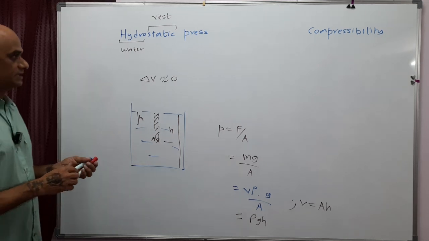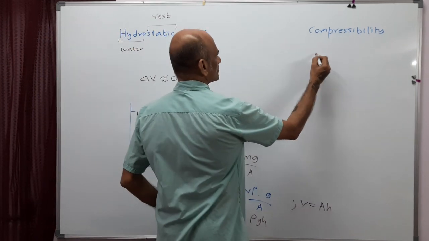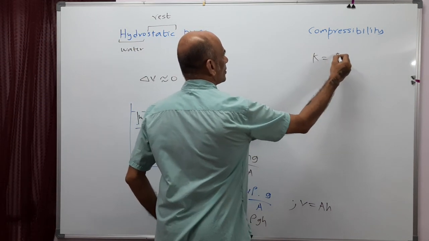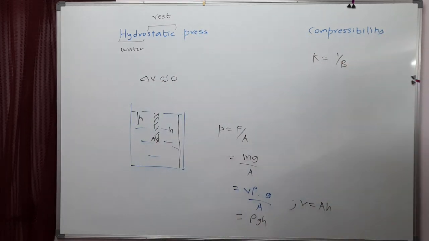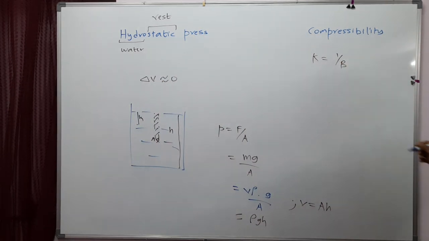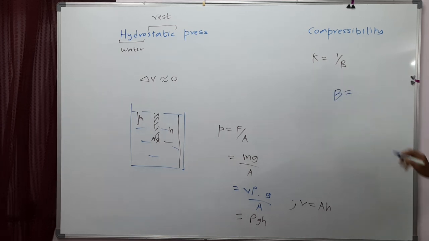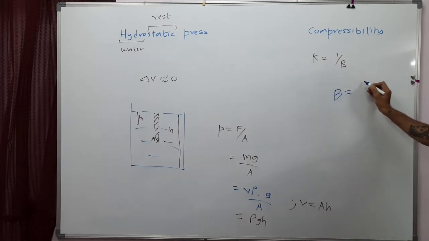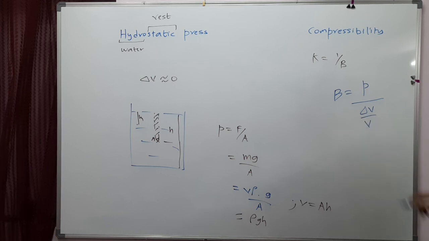The second one is compressibility. Compressibility is defined as 1 by bulk modulus. And bulk modulus, like Young's modulus, is defined as stress by strain. In a fluid, stress is pressure and strain is the measure of deformation, which is the change in volume by original volume.